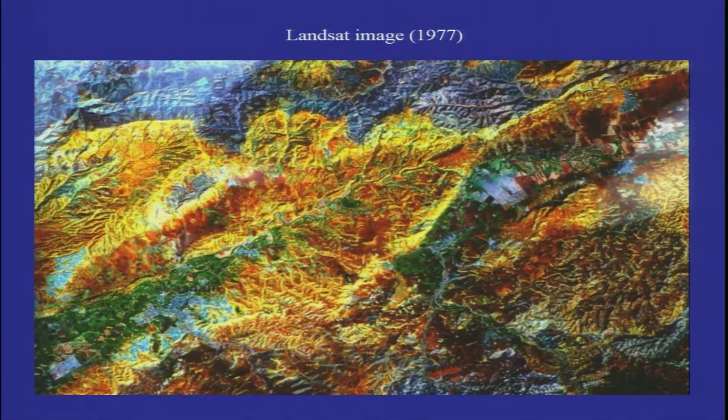The fault trace runs here, and this is a close-up of the Landsat image, a very old one from 1977, showing the trace of the fault. It goes like that. The different segments show different patterns of deformation. Segments B and A do not have the same strike. Of course, they belong to the same fault system, but the strike differs between segment A and segment B. Then you have segment C, where the strike is also slightly different.